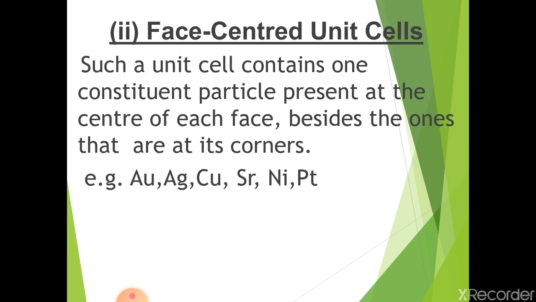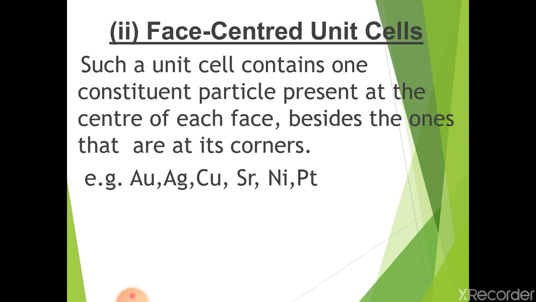Second, in centered unit cell, face centered unit cell. As the name indicates face, as you know that a cube has 6 faces. That's why every face contains one constituent particle, besides the corner atom or molecules or ions.